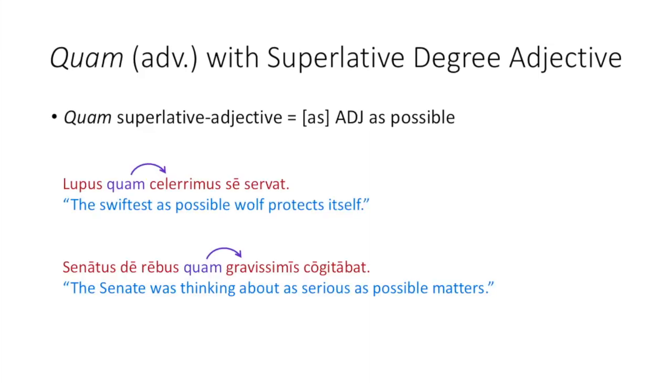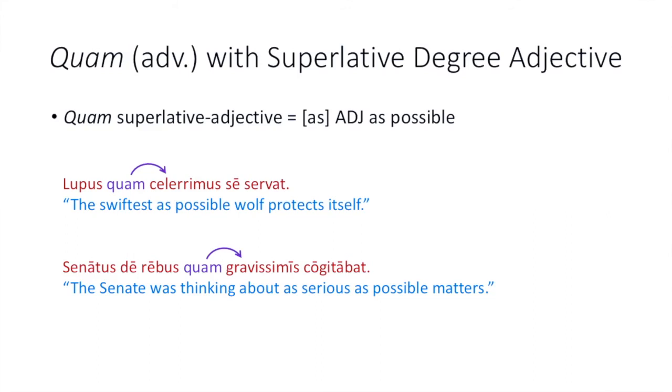So to look at it in a few examples, we could have lupus quam celerrimus se servat. Quam is modifying our celerrimus, which modifies our lupus. The swiftest as possible wolf protects itself, presumably by running away from everything. Or we could have senatus de rebus quam gravissimis cogitabat, where quam's modifying our gravissimis, which is modifying our rebus.